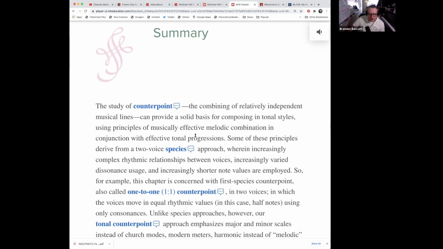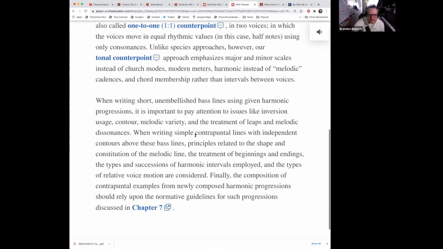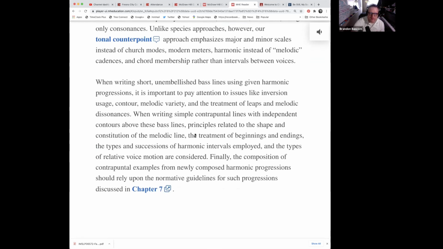So, for example, this chapter is concerned with first species counterpoint, also called one-to-one counterpoint, in two voices, in which the voices move in equal rhythmic values, in this case half notes, using only consonances. Unlike species approaches, however, our tonal counterpoint approach emphasizes major and minor scales instead of church modes, modern meters, harmonic instead of melodic cadences, and chord membership rather than intervals between voices.